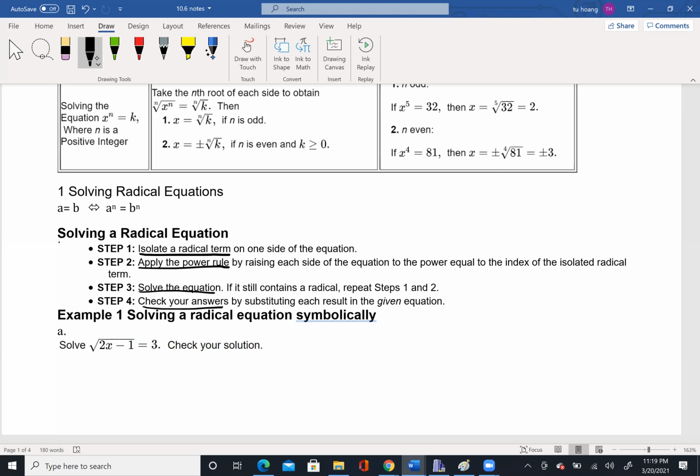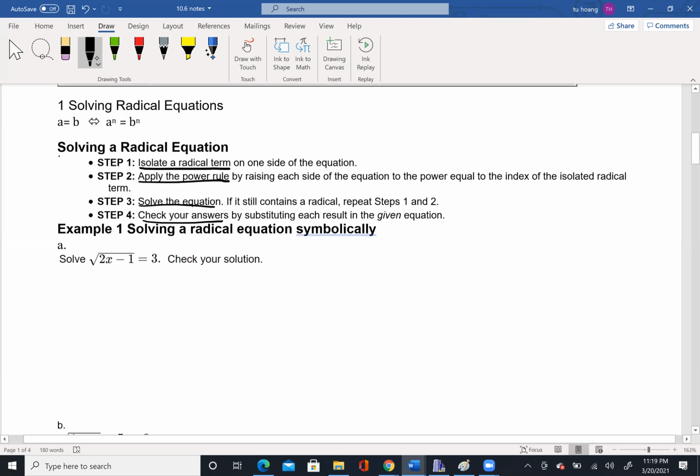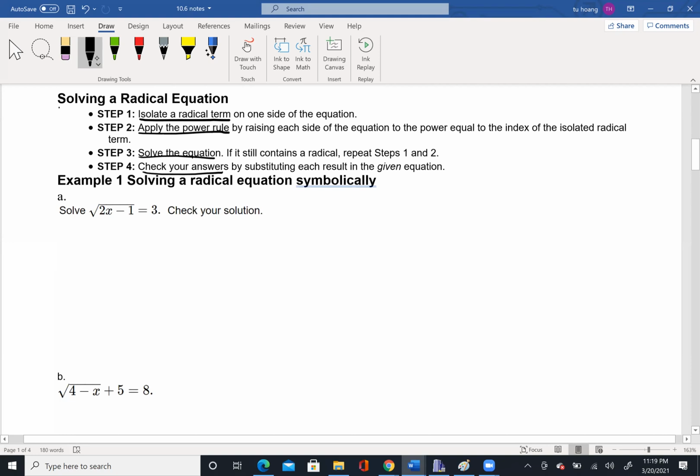Okay, so let's start with an example over here. I have the square root of 2x minus 1 equal to 3. We want to solve it and then check the solution. So let's start with step 1, isolate the radical term.